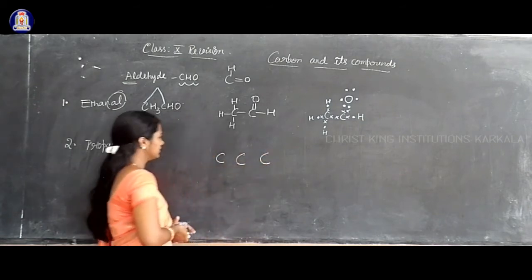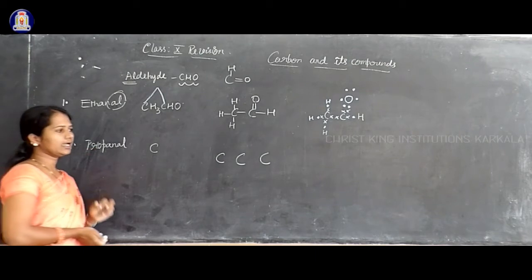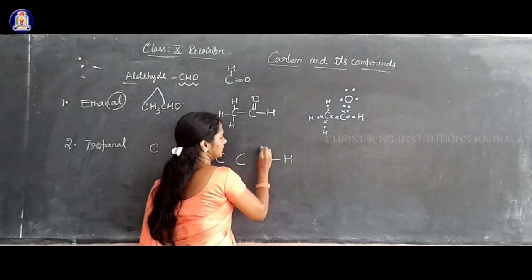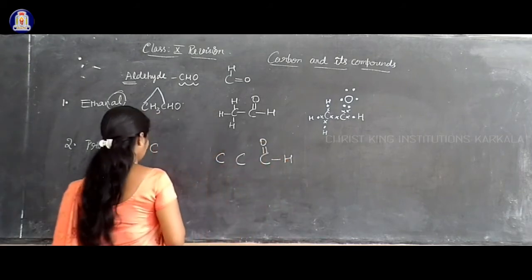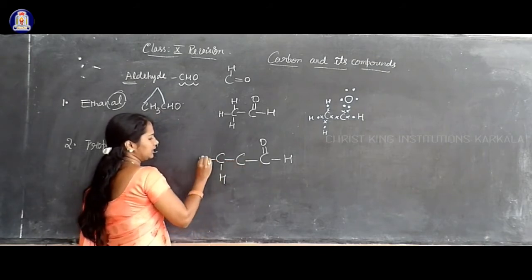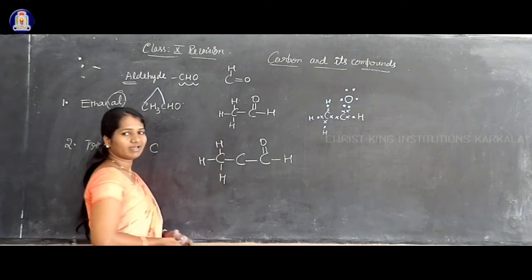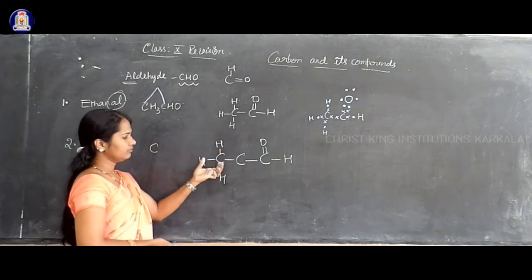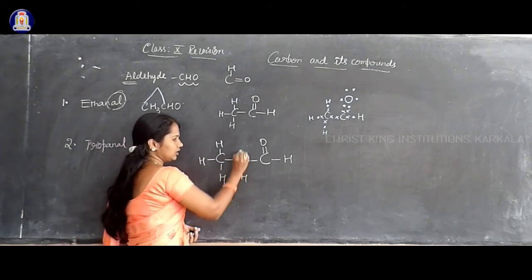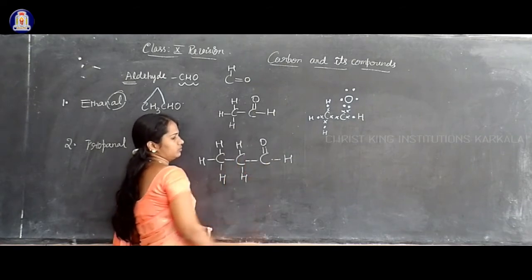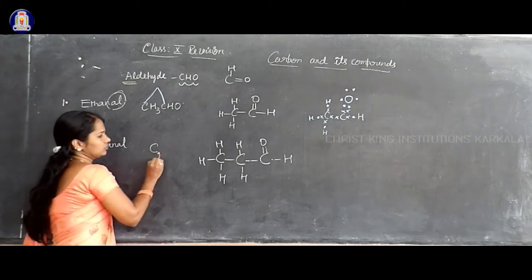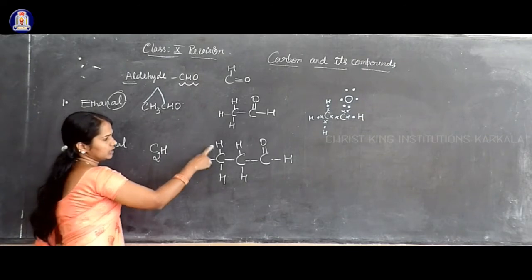Prop in the sense 3 carbon atoms, and the last one is the aldehyde group, double bond O, H. The remaining hydrogens complete the valency, 1, 2, 3, 4, 1, 2, 3, 4. Now, based on this, write the molecular formula: C, 2 H, 1, 2, 3, 4, 5.